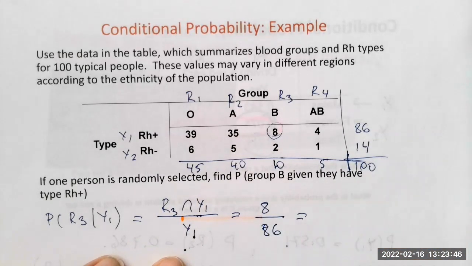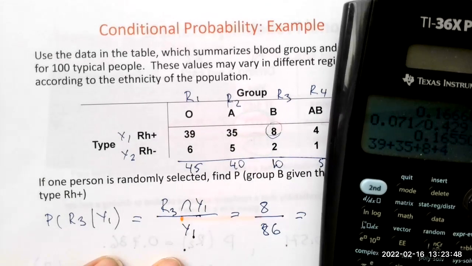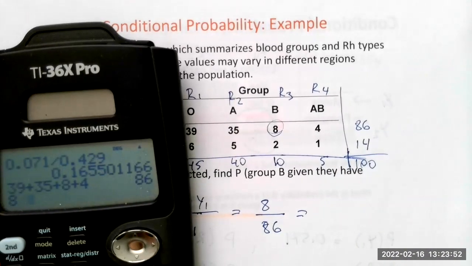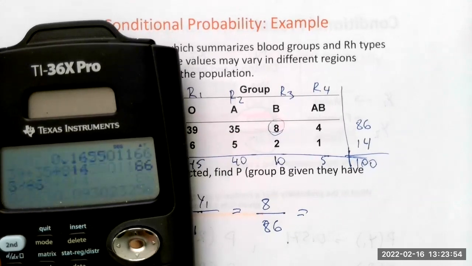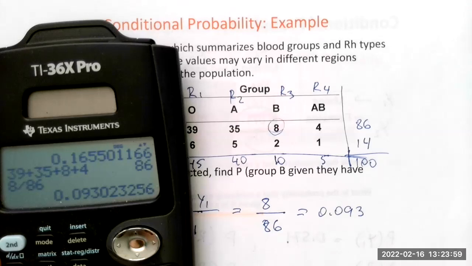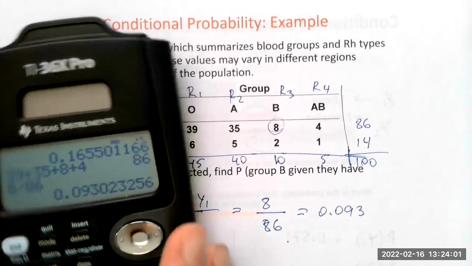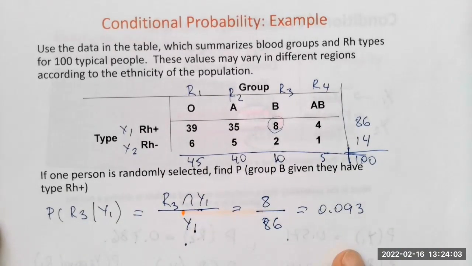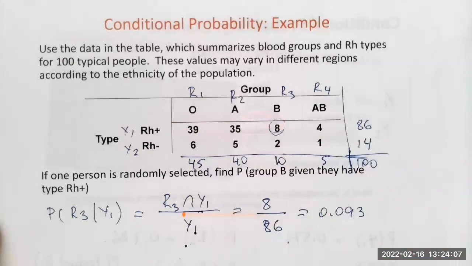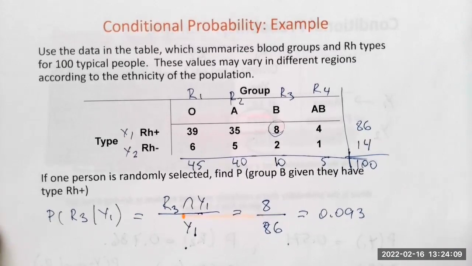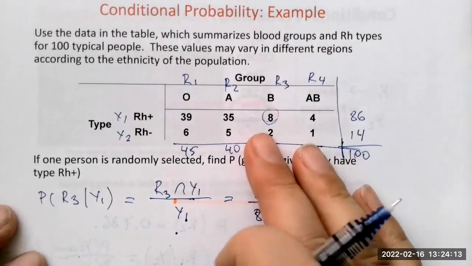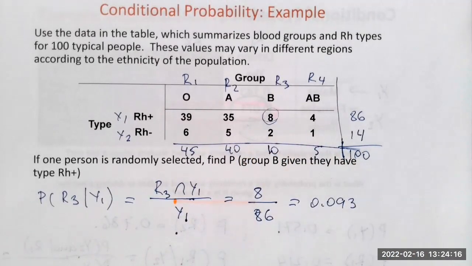So my probability would be 8 divided by 86, which is 0.093. I would get the same result if I used relative frequencies here as well. If you have extra time, check it out, convert these into relative frequencies, and let me know.